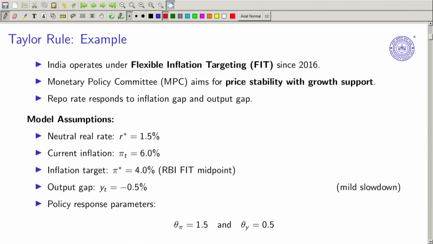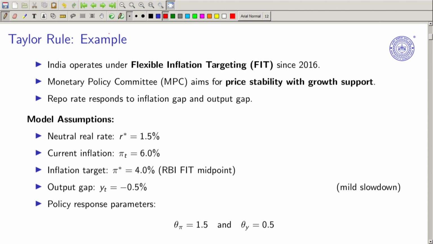So let's take the case of India. As I have mentioned, we adopted flexible inflation targeting in 2016, and there is a monetary policy committee that looks after price stability and growth.